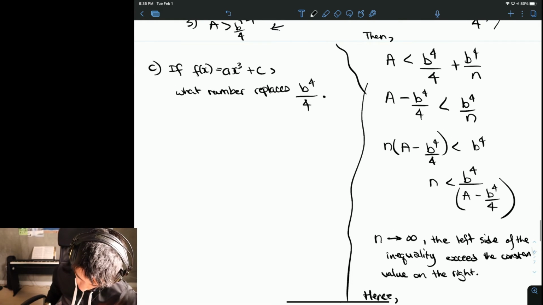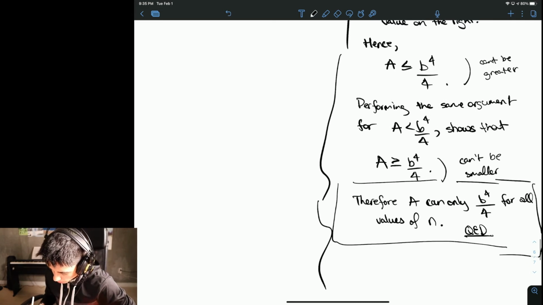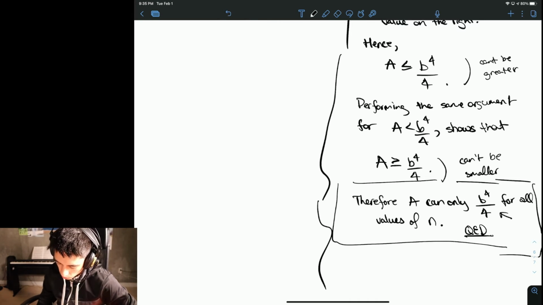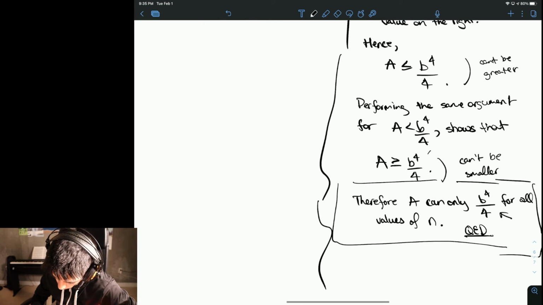Okay. So it's like saying we know that the area underneath the cubic function is a fourth of b to the 4.